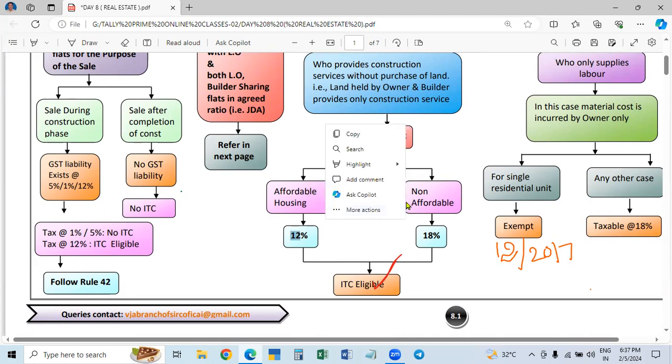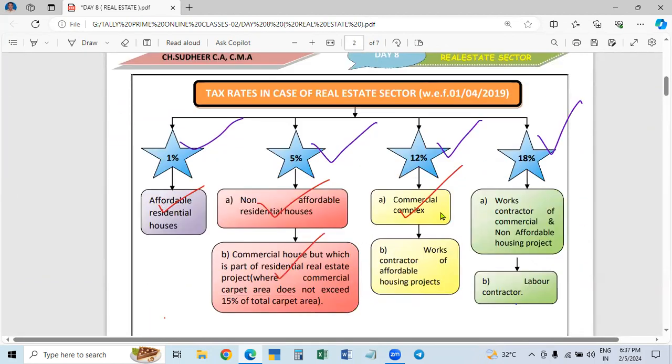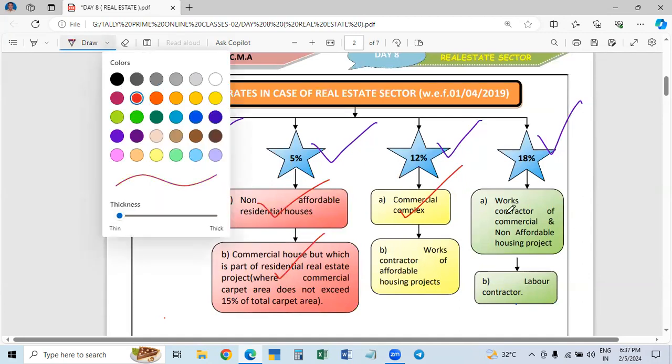If it is a non-affordable house or commercial, the rate is 18%. So affordable 12%, non-affordable 18%. Works contract, commercial or non-affordable, is 18%.